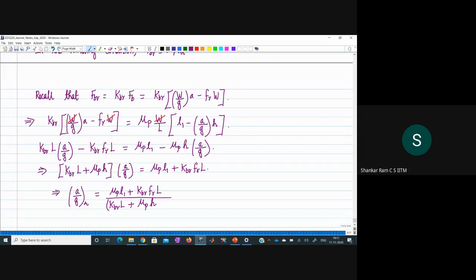So what does this expression give us? The reason I put a subscript R here is to indicate that this is the vehicle deceleration at which the rear wheels will lock.